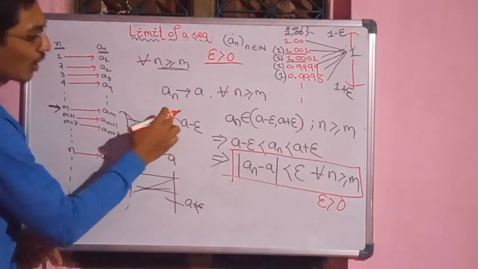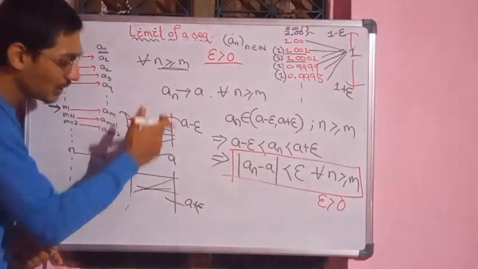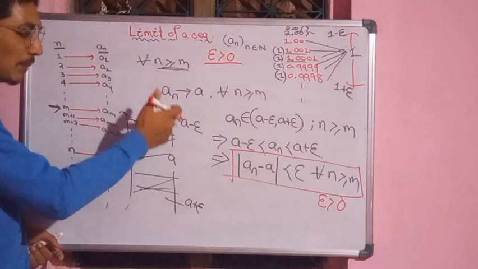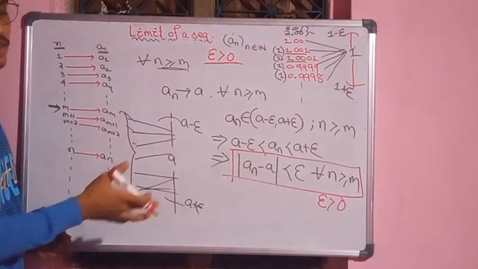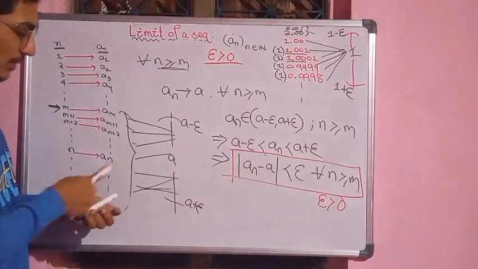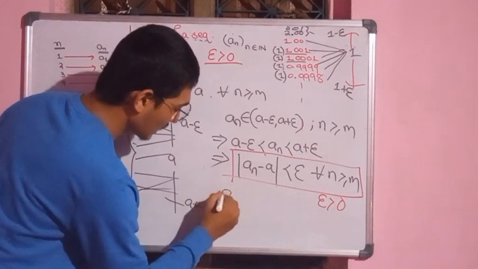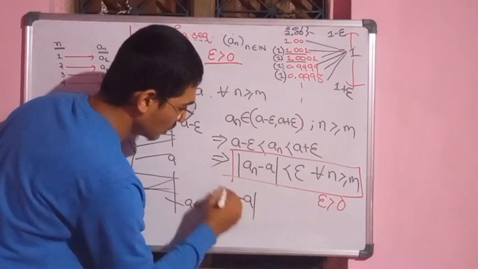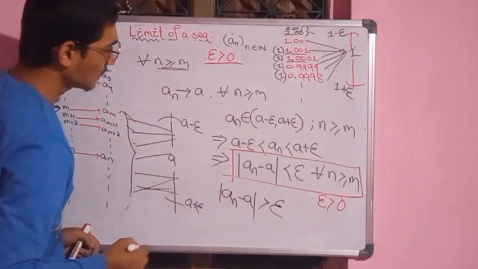If many terms are not within this bracket, then I will say my sequence is divergent. Means infinitely many terms are residing beyond this limit. So my a n minus a should be greater than epsilon. What does this mean?